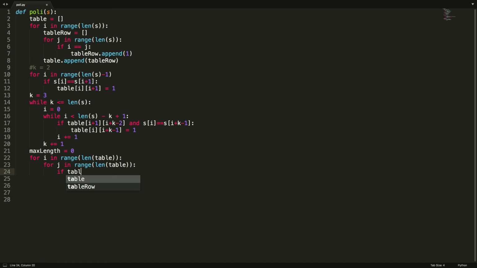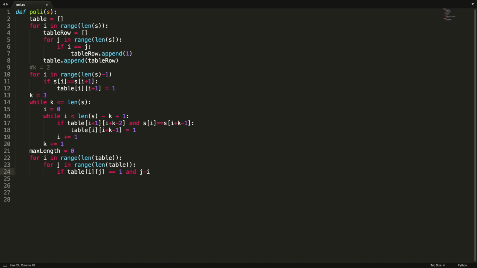If table i j equals 1 and j minus i, that is the length of substring, right?